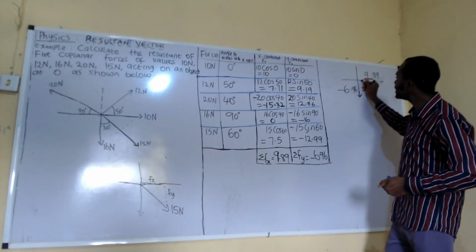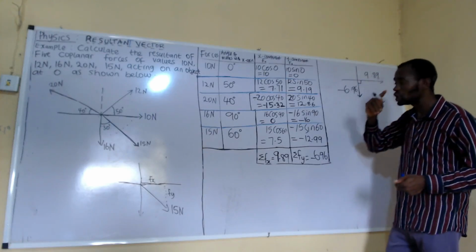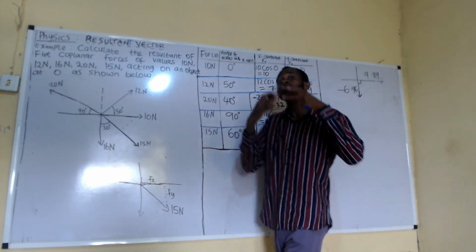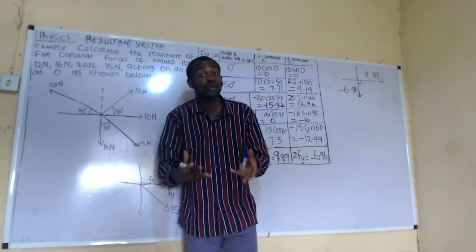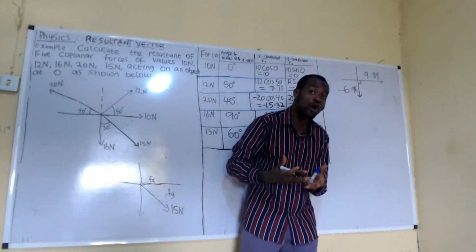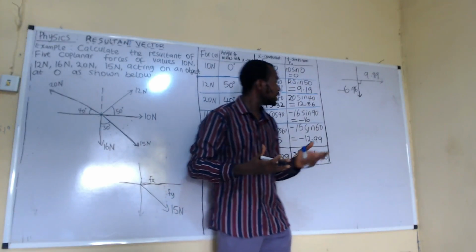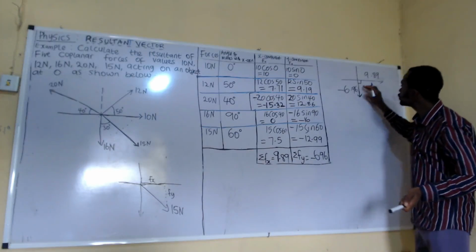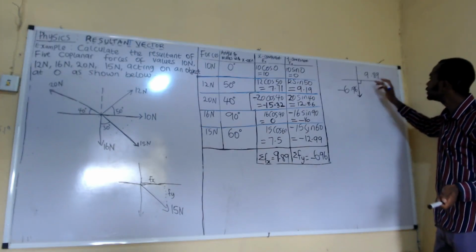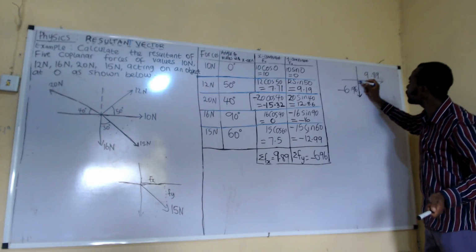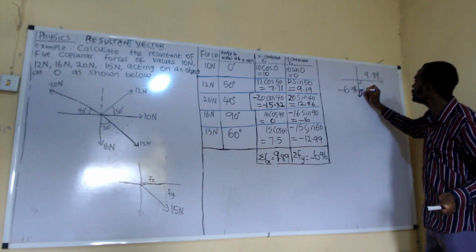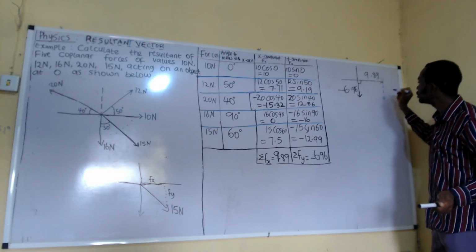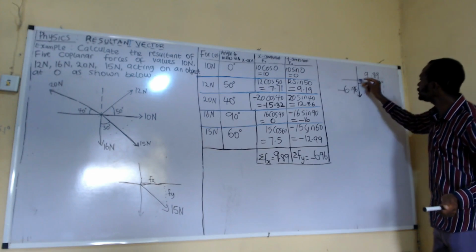Since they are perpendicular to each other, if you want to sum the two vectors up quickly, you just employ Pythagoras theorem. Definitely, if you place this here, you take the initial point of minus 6.96 Newton and place it here. It will be something of this nature. Then you will now join it together.